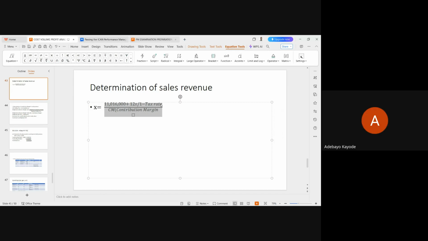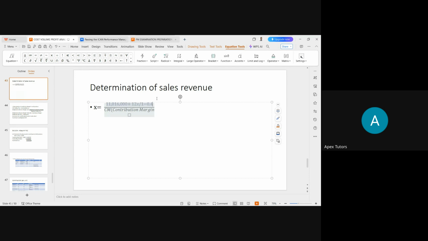So that would be 1 minus 0.4 in the denominator, which is 0.6. I don't just want to put 0.6, to avoid bringing too many questions.